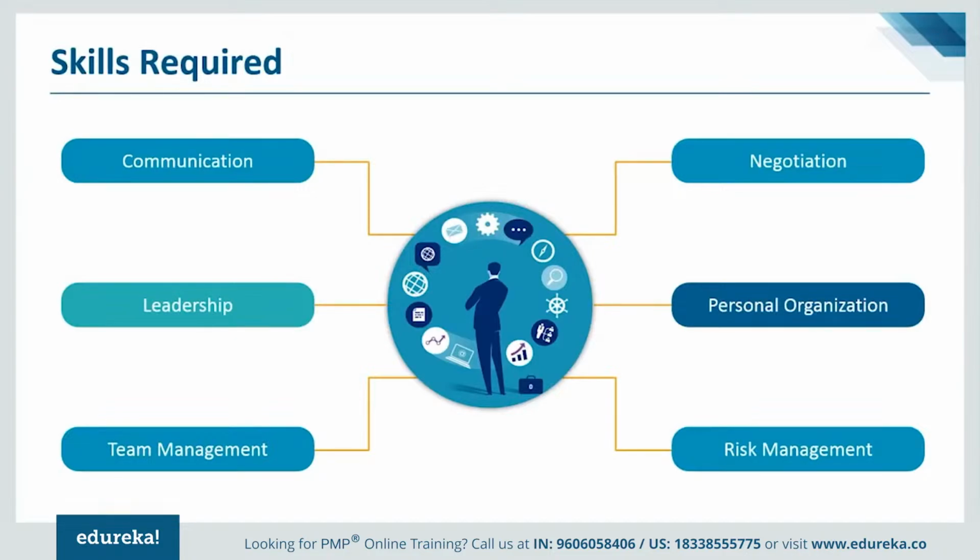Another thing is, of course, leadership. Whichever structure you have in your organization, be it a matrix structure, a typical hierarchical structure, or a functional structure, leadership is definitely required. So even your team members who are working on your project with you, whether they report to you or not, you still need leadership.